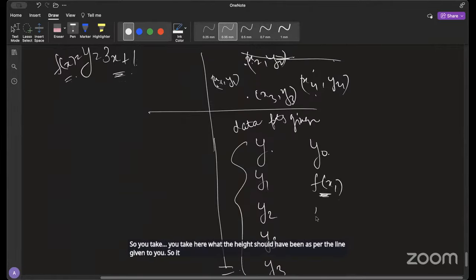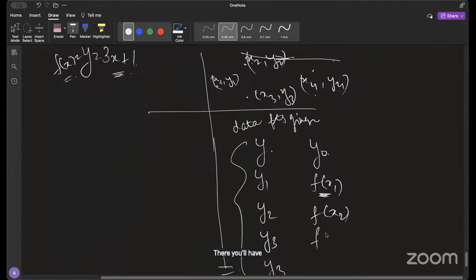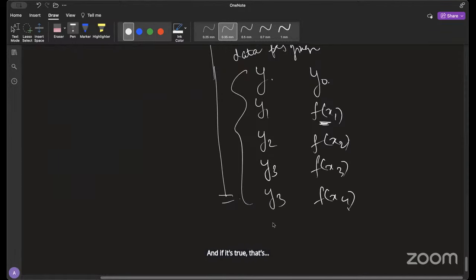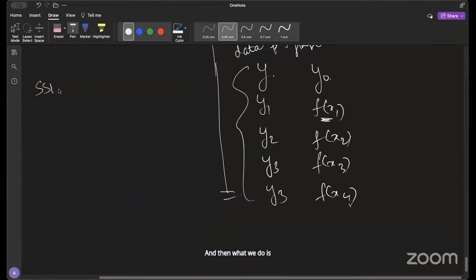So it will be f(x1). Here you will have f(x2). Here you will have f(x3) and f(x4). That's it. And then what you do is find the sum of squared errors.